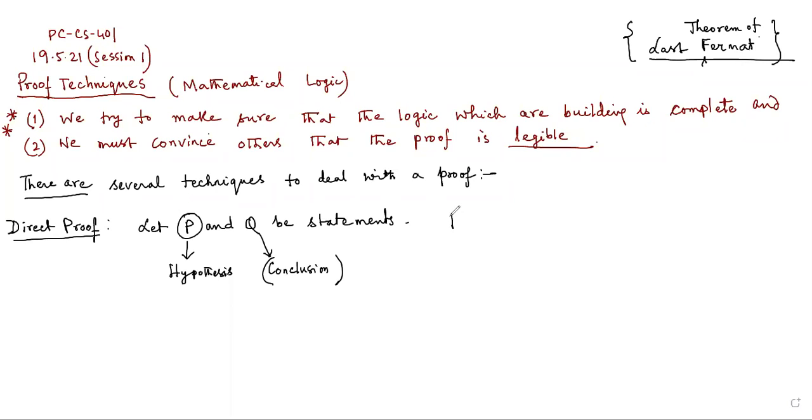And my job is to show that this conclusion follows from that hypothesis. This is my job. Now you know that when you build the argument to reach from the statement P to statement Q, in between P and Q you are going to write several other arguments.